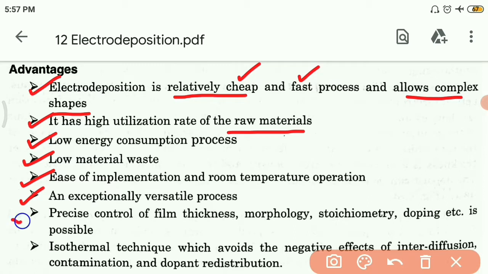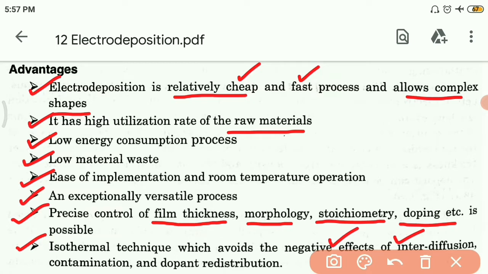And here precise control over the film thickness, morphology, stoichiometry, doping, etc. is possible.